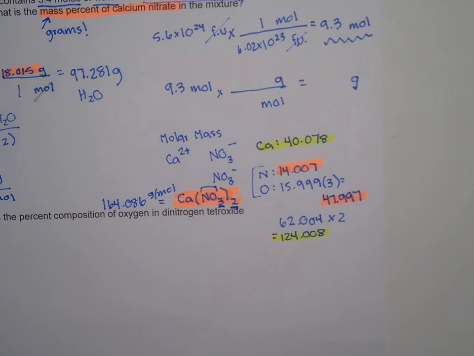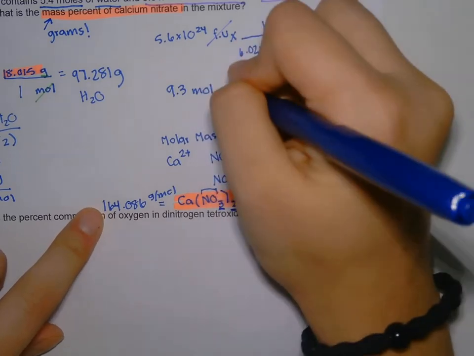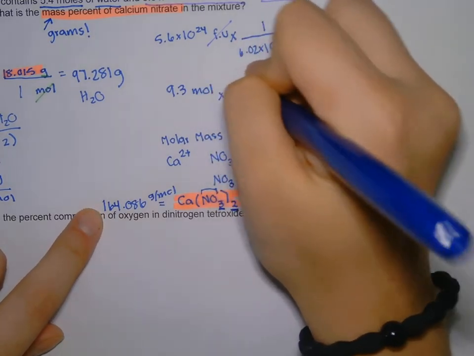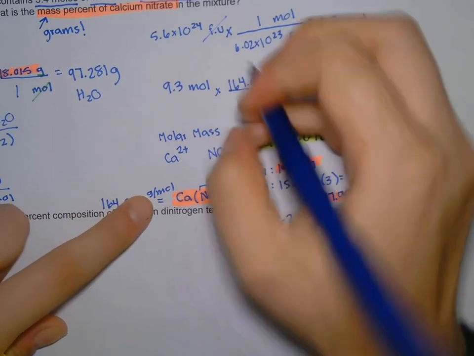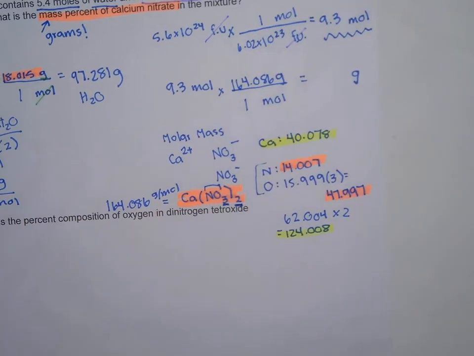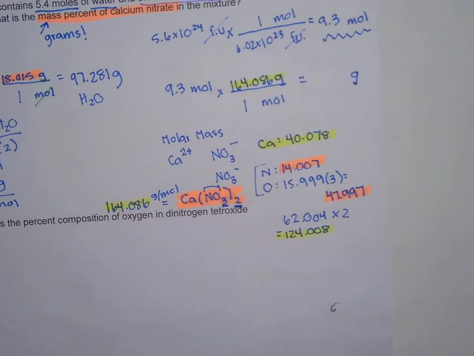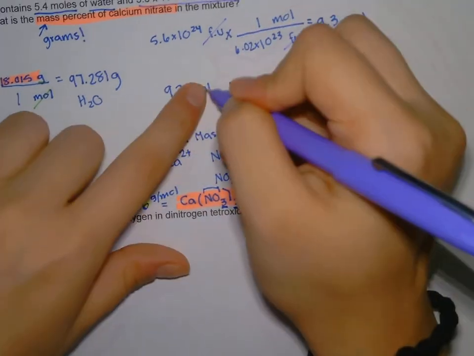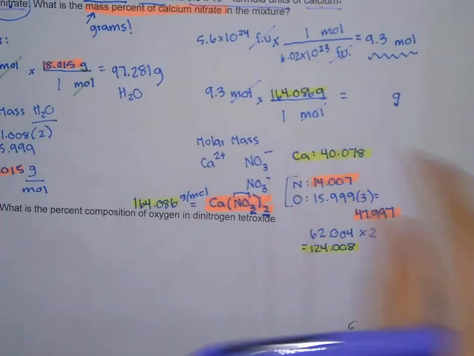I know this is so long, guys. I'm so sorry. So now we can go back and finally finish our dimensional analysis. I know that there's 164.086 grams in 1 mole, the molar mass of calcium nitrate. I can see that there's moles at the top and the bottom, so that's going to cancel out. And all I have left to do is just solve the math.